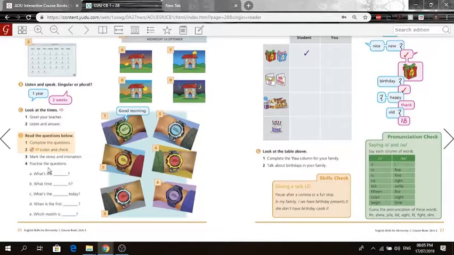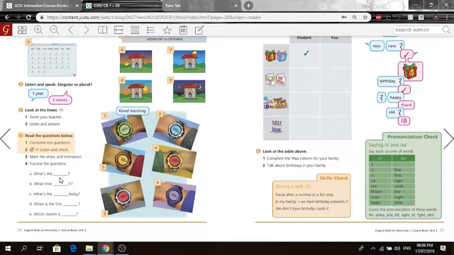You can pause the video now and try to guess what's in the blanks, but I'll say them and you can write them again. I'll say it the first time without the stress and intonation, and then I'll add the stress and intonation, and then we can practice the questions together, okay? So pause the video now, do it, and get back to it.